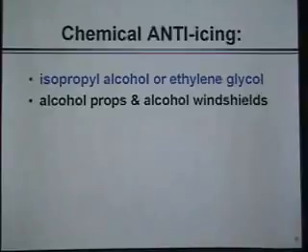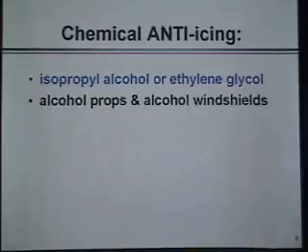Same thing for alcohol windshields. If you wait till the ice forms on your windshield and then you turn on the alcohol, it won't get rid of any ice that's already there. It'll just keep ice from sticking to the ice that's already there. So what you've got to do with alcohol props and alcohol windshields is that before you think you're in icing conditions, you've got to turn the system on, and you can turn it on low. It's like a volume control knob, and it changes how many amps go to the pump.